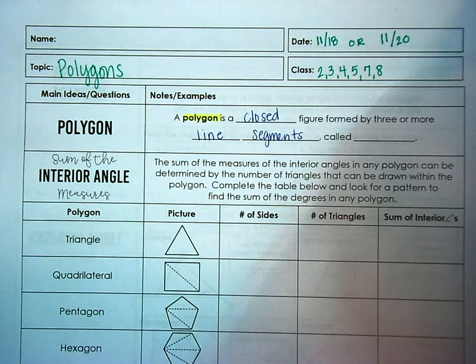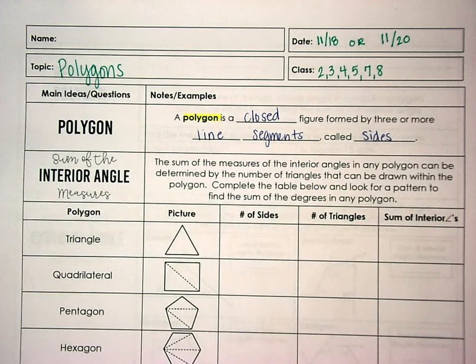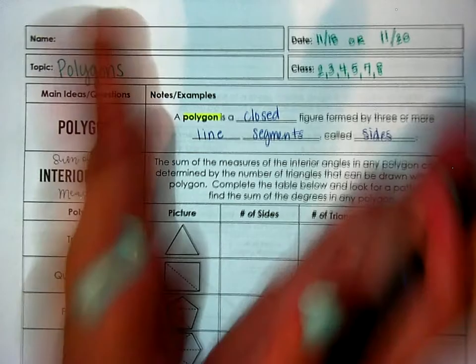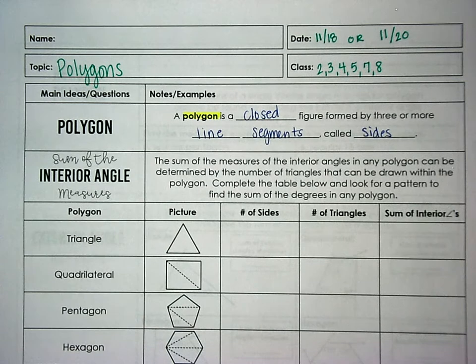And these line segments are called sides. So basically, it has to have 3 or more sides. If it doesn't have 3 or more sides, it's not a polygon. Why? Because if it only has 2 segments, like something like this, then it's not closed, so it's not a polygon. Also, there can be no curved parts, and it can't dip in. So just kind of keep that in mind.